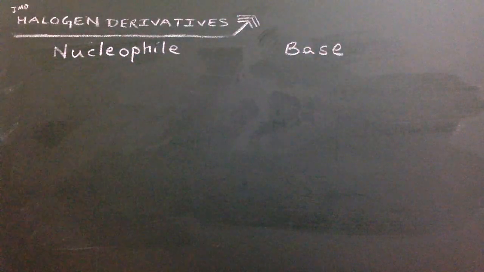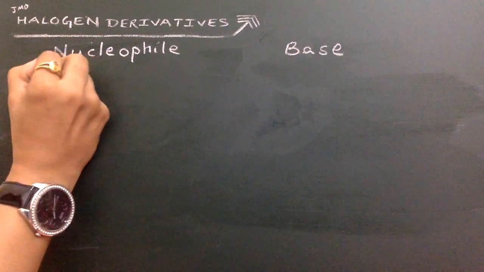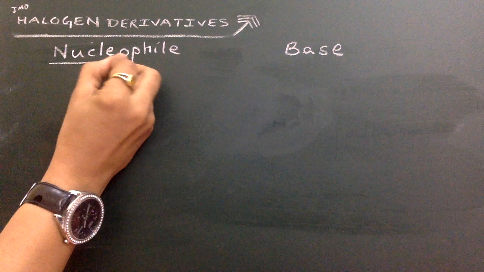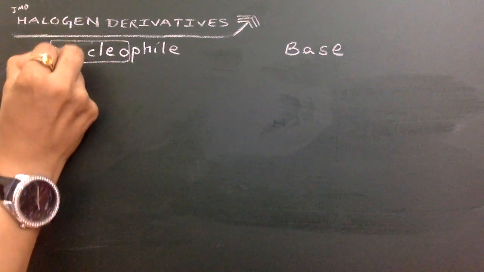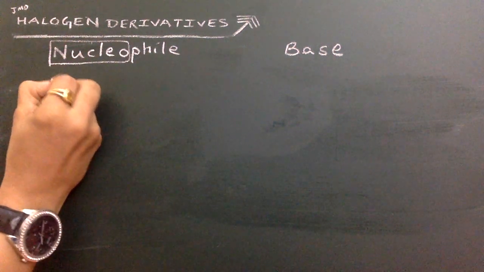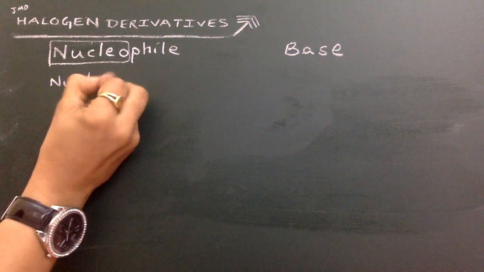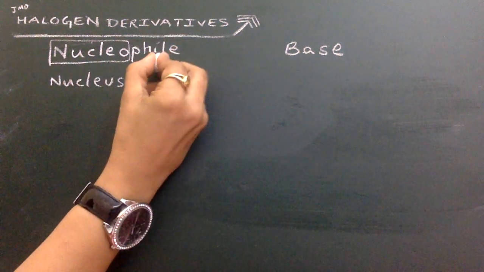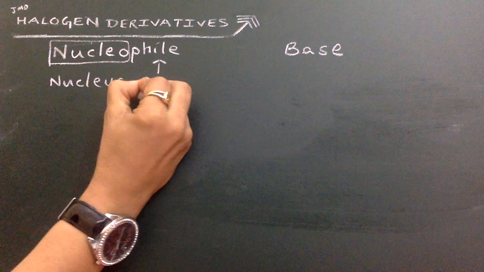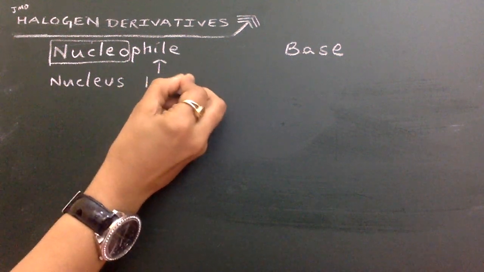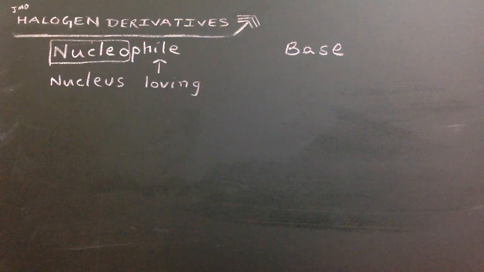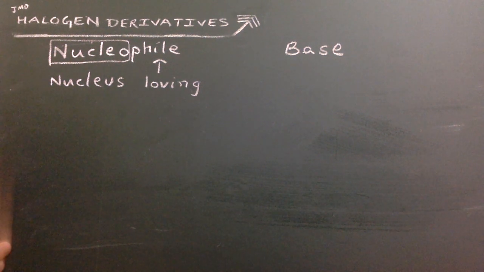Let us see, children. Now nucleophile, the term nucleo means nucleus, and the term phile or philic means loving. So when I say nucleophile, I mean some species which is nucleus loving.